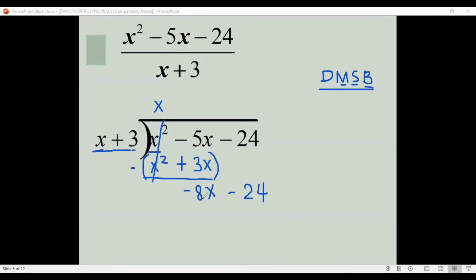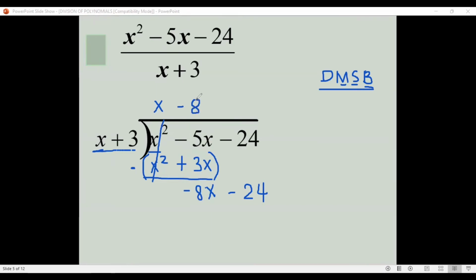Now, the next aim is to remove the negative 8x. So it will just be the negative 8x that will be divided by the existing first term in your divisor. So negative 8x divided by x is of course equal to -8.